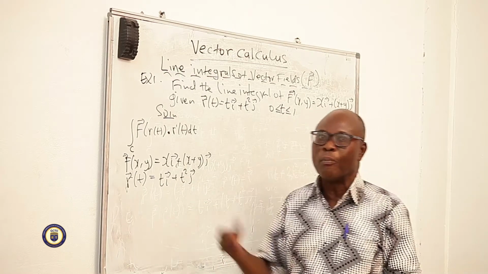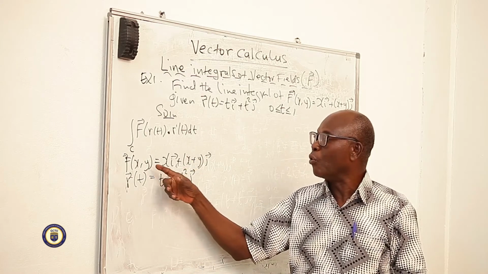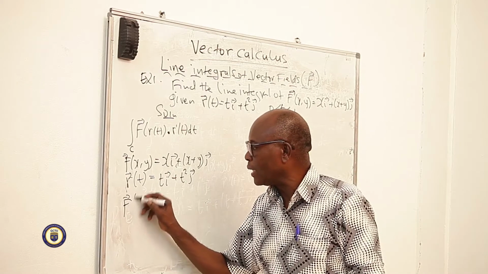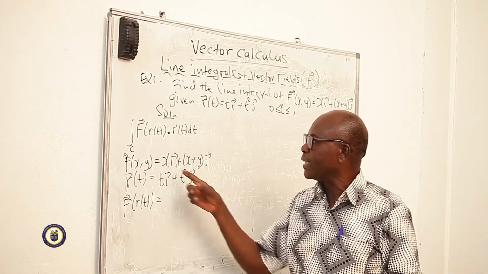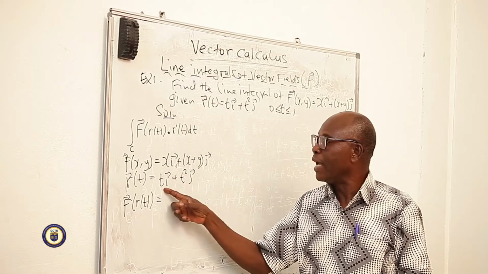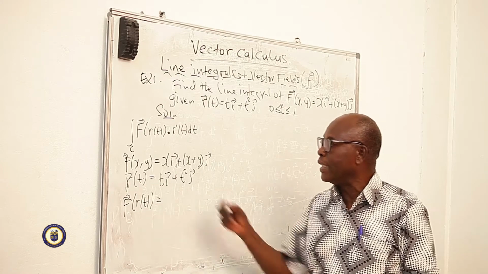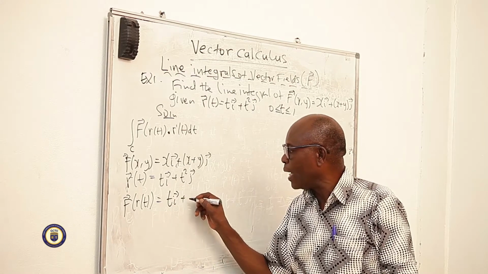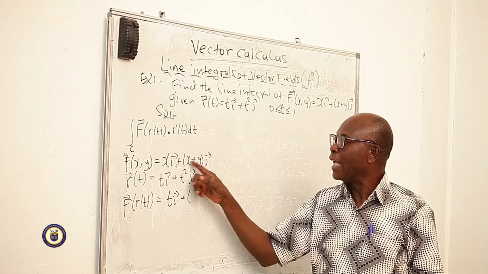So with this information, we have to do the parametric equation for f of x. And so r of t will be equal to x, which is given as t in the i direction, so this one becomes t i, plus y.